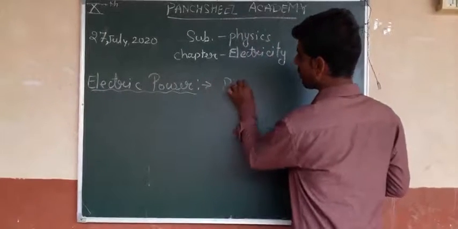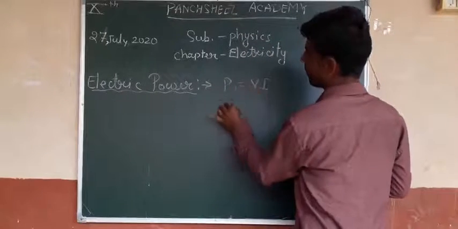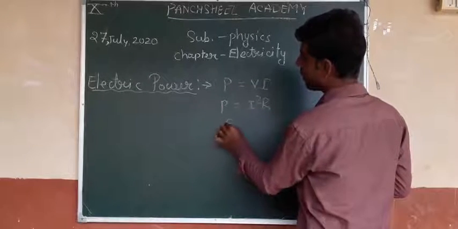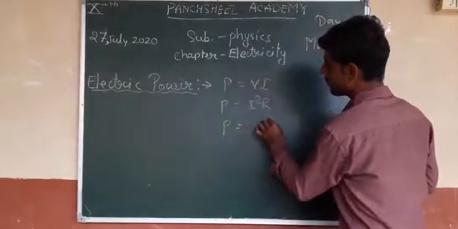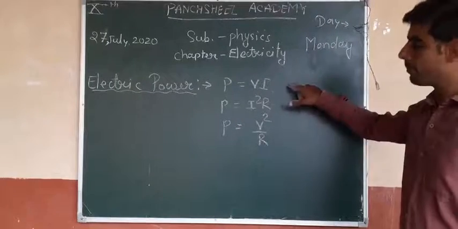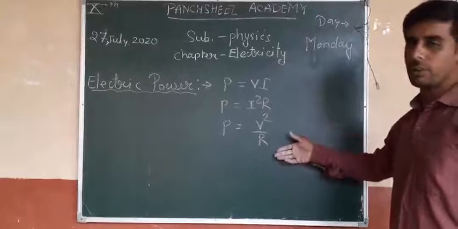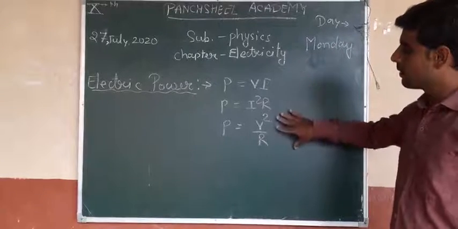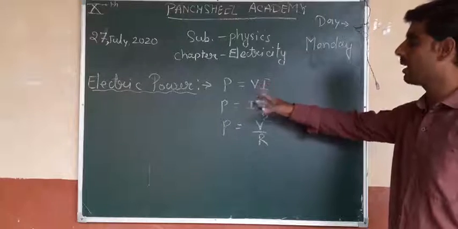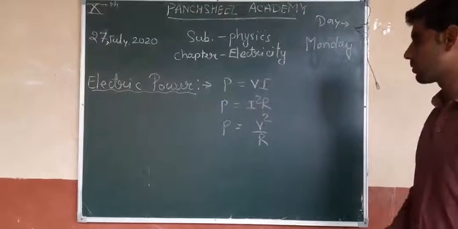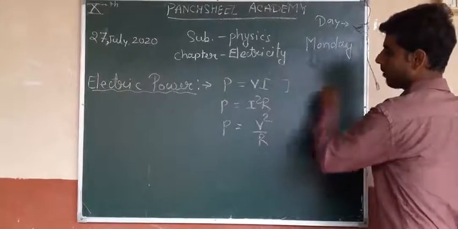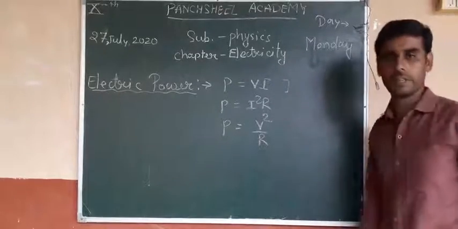First one is P equal to VI, second P equal to I square R, and third P equal to V square by R. This is the fundamental formula and these are derived formulae, only by putting the value of V equal to I into R and I equal to V upon R. So this is the main fundamental formula, and after this we can derive easily.